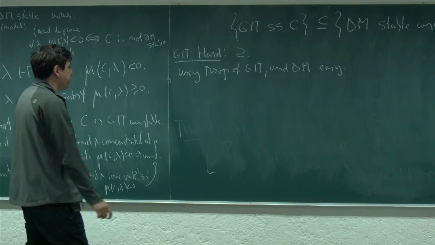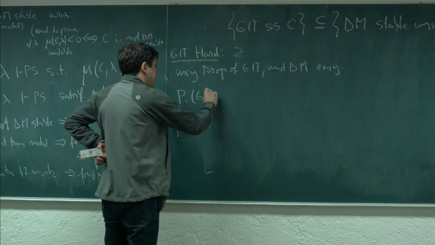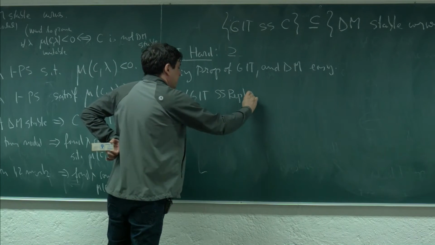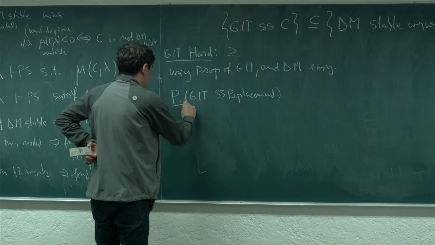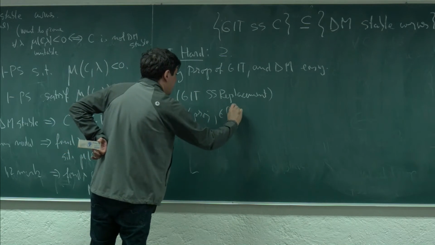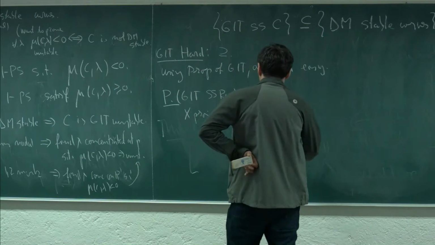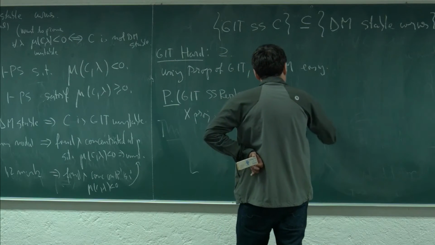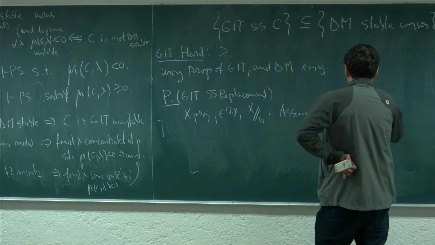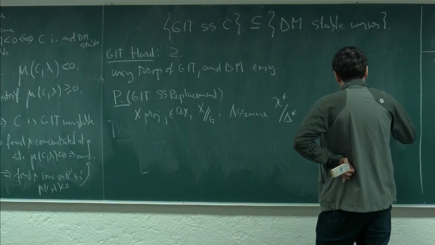Let's give the proof. First of all, let me put a key proposition. This is the GIT semi-stable replacement lemma. So I have X projective, G acting on X, and I'm considering the quotient X mod G. Assume that I have a family X star over the punctured disk delta star such that, say, X_t is GIT stable.